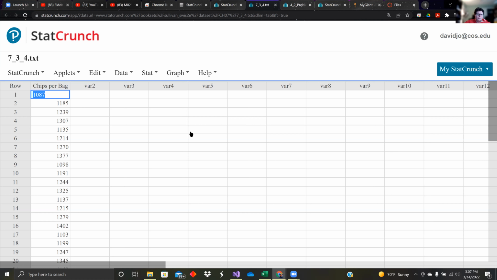I'm going to scroll down to just see how many rows there are. There are 40 rows, and so in this sample, N is 40. Now notice I only have one column. Okay, so only one column.